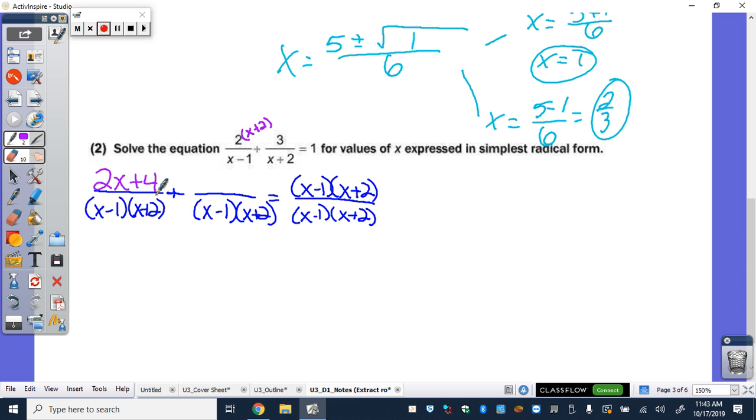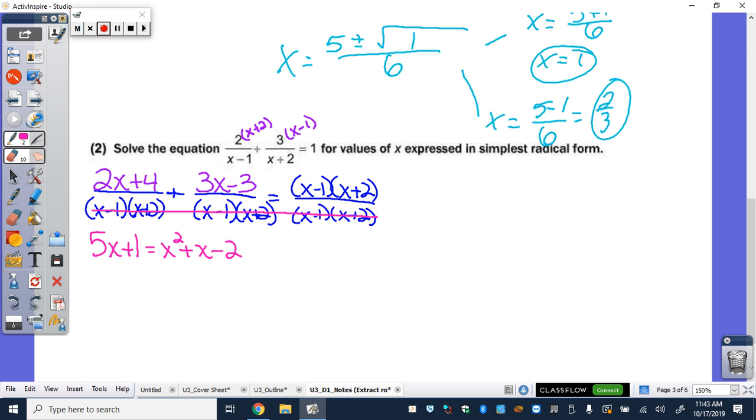Second fraction, what do we multiply that one by? x minus 1. That gives me a 3x minus 3. So we cross out our denominator. So I combine my 2x and my 3x, that gives me 5x. 4 minus 3 gives me 1.